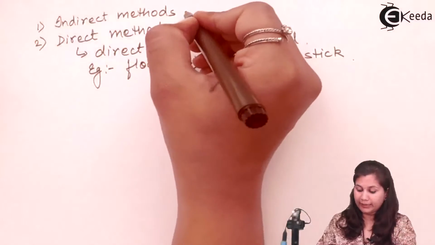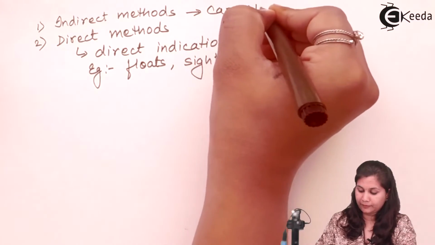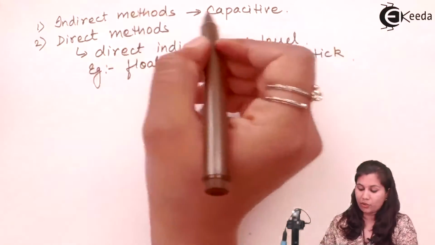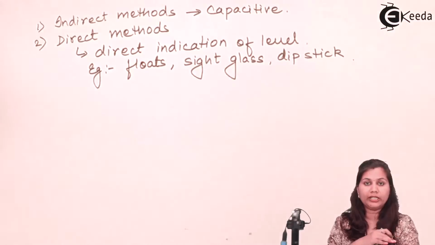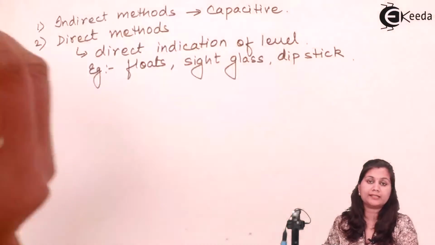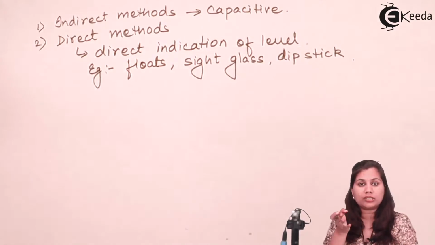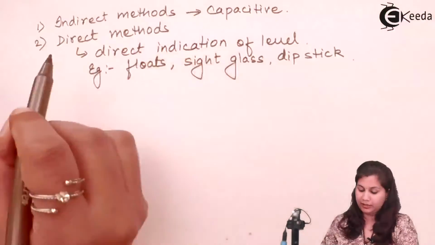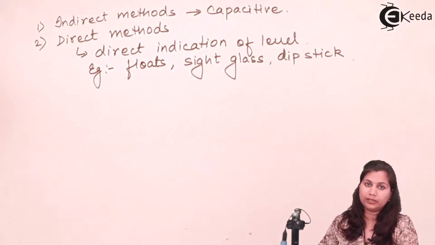Now about the indirect methods, we have the capacitive and the hydraulic head type methods. All these are indirect methods, because there the level is converted into some other measured signal. Like in capacitive type level sensors, we measure the level by measuring the change in the capacitance, so that is an indirect method. And direct methods give us the direct indication of the level of the liquid.